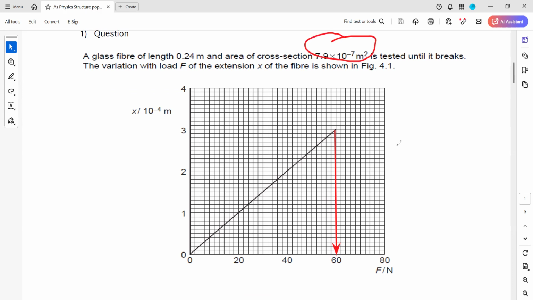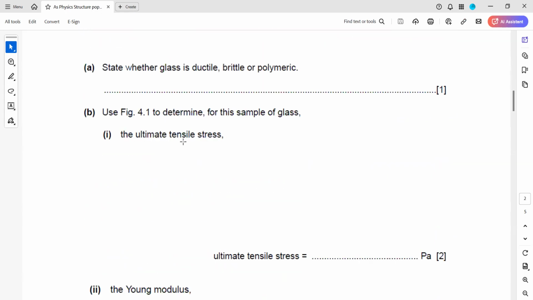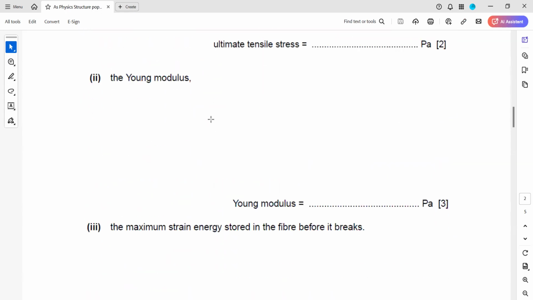This is the cross-sectional area given. So it will be 60 divided by 7.9 times 10 to the power minus 7. That will give us the stress, the UTS. Why did we take the maximum force? Because in UTS, we take the maximum force which is applied on the object.